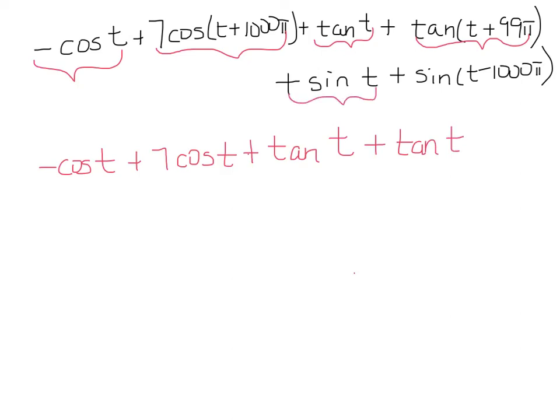Then we have sine of t, which we're okay because we're under 2 pi. And then the last one, we had to go negative 1,000 pi, which is 500 times, but this time we went clockwise. Our angle is still positive, so we're okay.